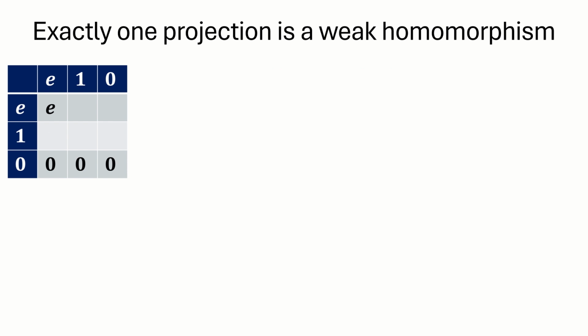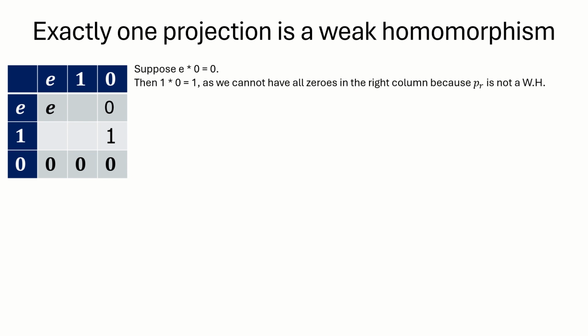Moving on, suppose the top cell of the rightmost column is not 1. Since we're assuming the right projection is not a weak homomorphism, the middle cell of the rightmost column must equal 1, or 1 times 0 must equal 1 in our table. We now have 3 other entries to choose. But again, 1 times x must equal 1 because we want associativity.